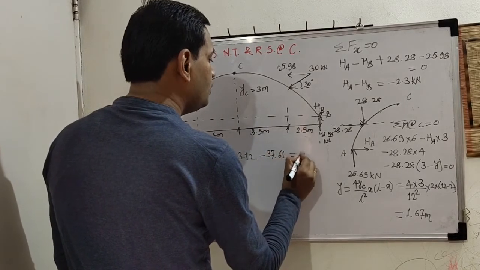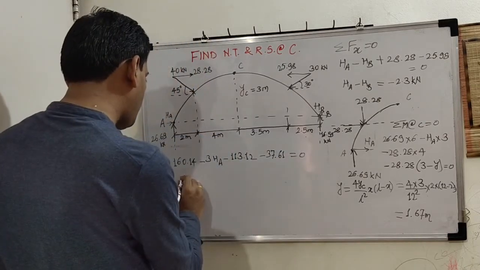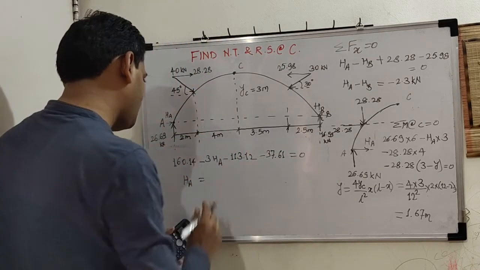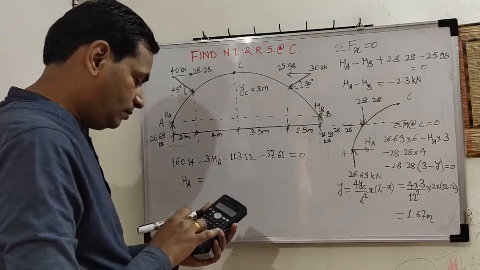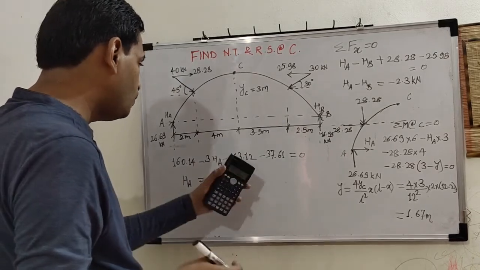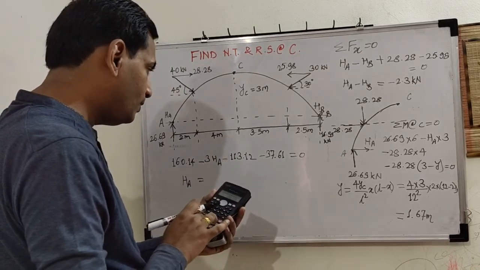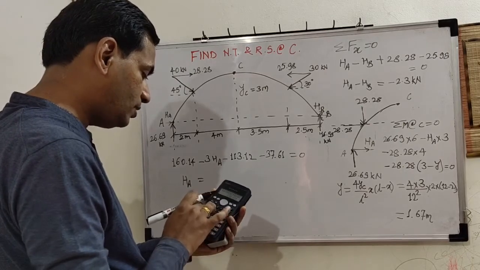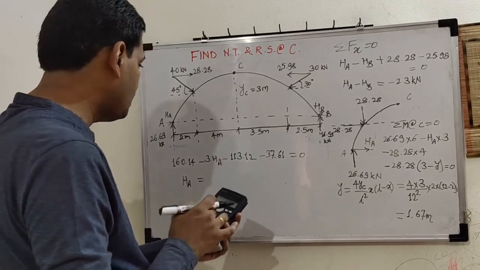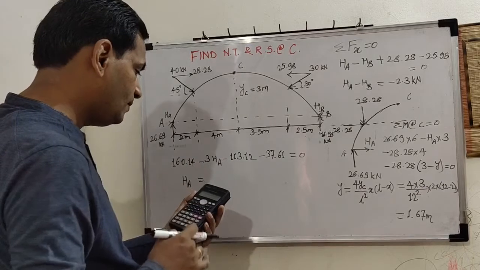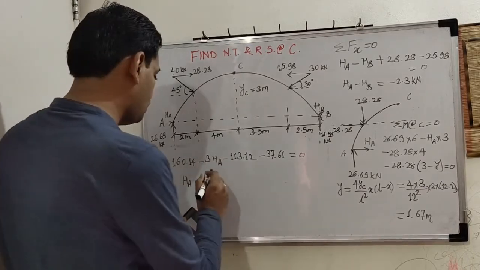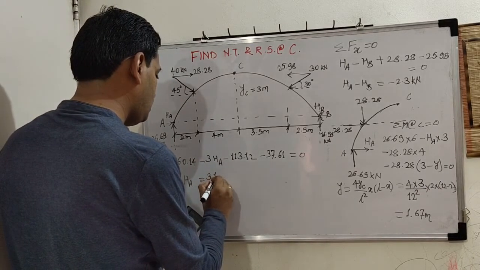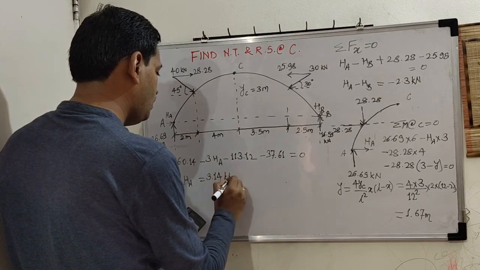It is equal to 0. So from this we are going to get HA. See now, 160.14 minus 113.12 minus 37.61 divided by this 3. So it is 3.14. HA is 3.14 kilonewton.